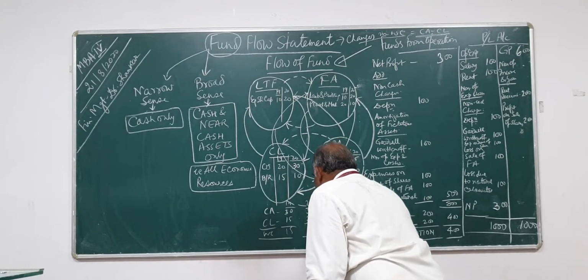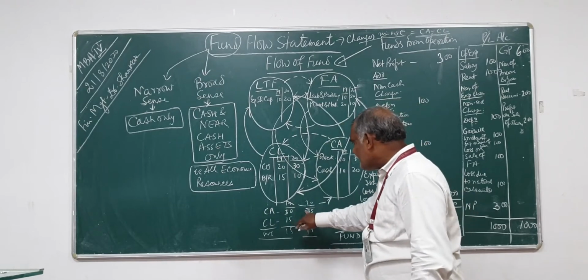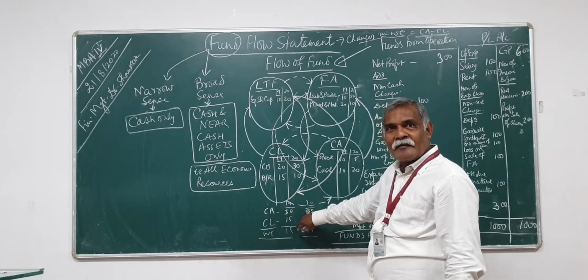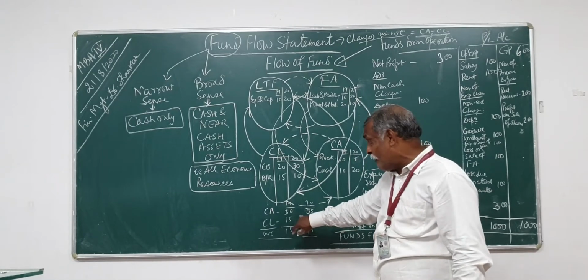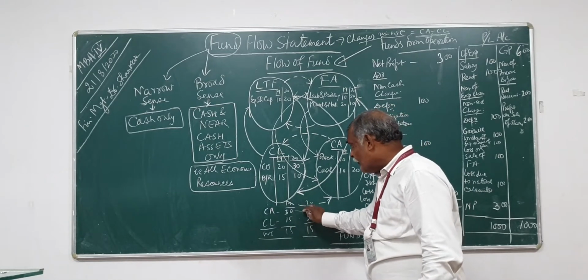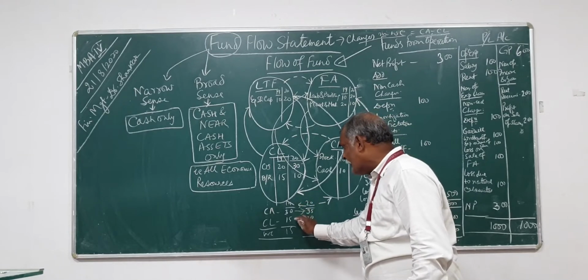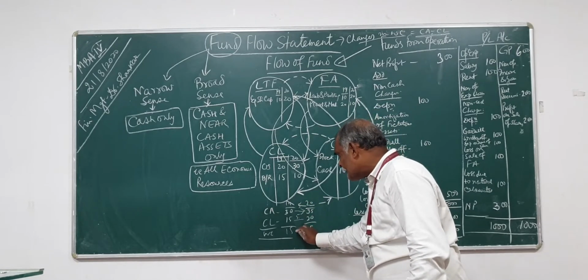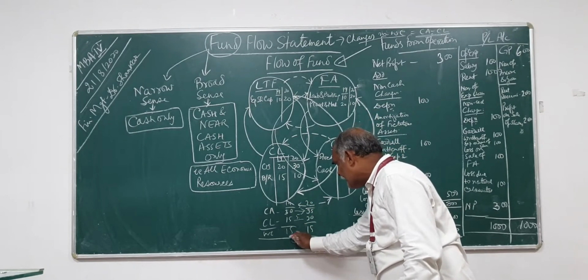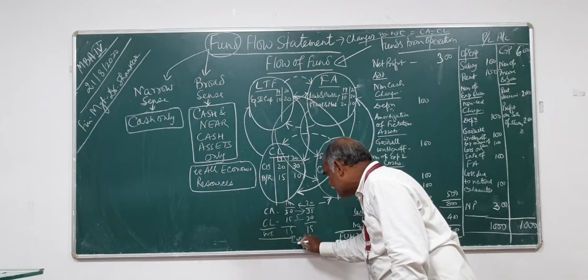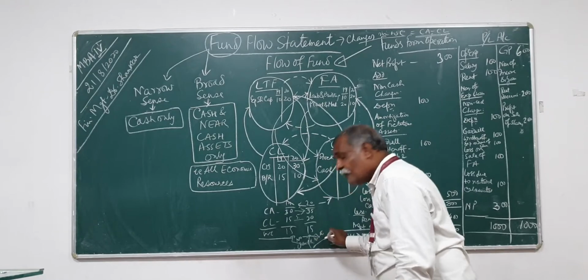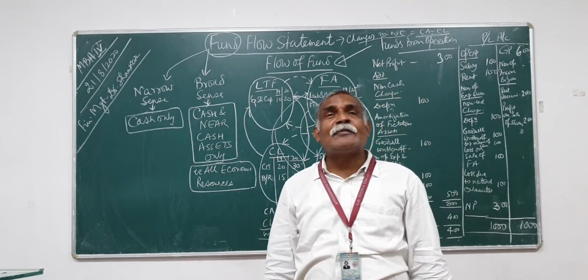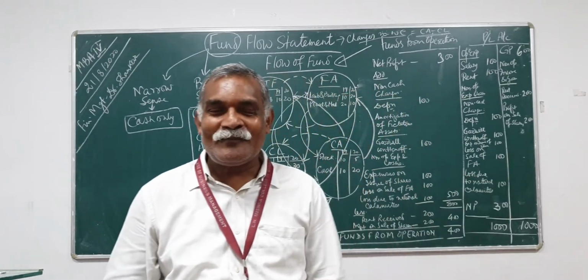Because current asset is increasing, cash is increasing, and current liabilities, creditors, is also increasing by 5 rupees. Here 5 rupees is increasing, here also 5 rupees is increasing. So there is no change in working capital. Working capital remains the same. And because there is no change in working capital, there is no flow of fund.